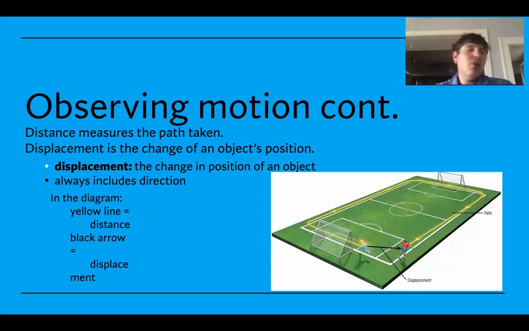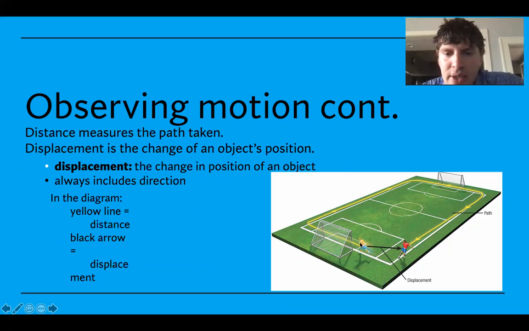Observing motion continued. Distance measures the path taken, whereas displacement is the change of an object's position. So again, what's the difference between distance and displacement? The best way that I can explain it is right here. The change in position of an object, which always includes a direction, is displacement.